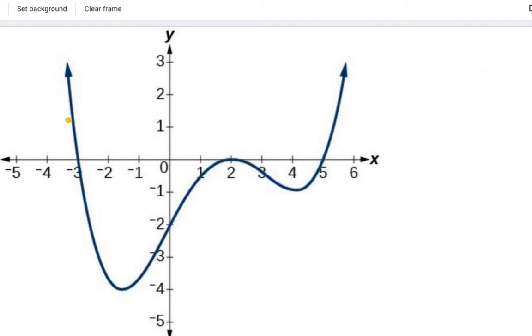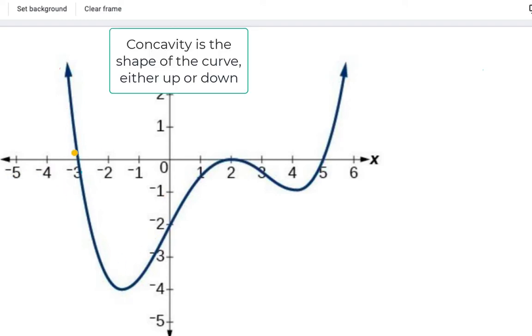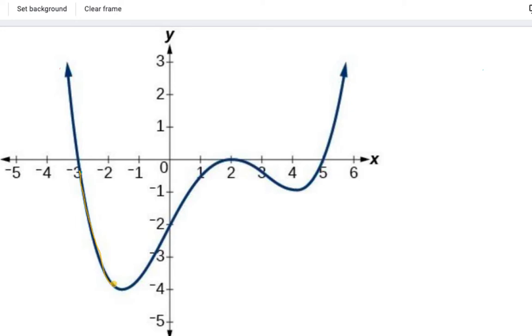Another thing we're going to look at when we look at a graph is the concavity. Concavity is just the shape. This is a nonlinear function, so it's got a curve. This curve, we call concave up. Up like a cup. Here, it's concave down, or down like a frown.